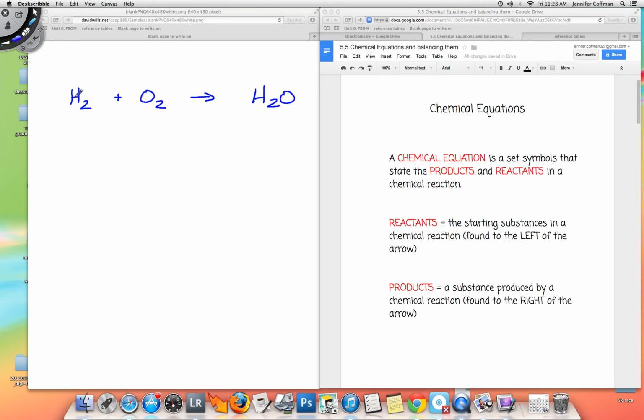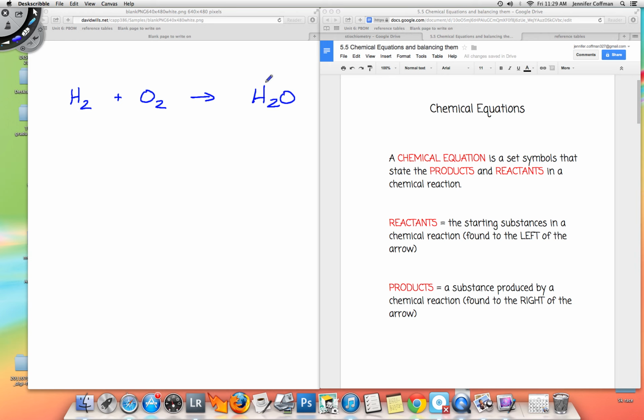Okay, we have hydrogen, and we have some oxygen, and we have H2O. Before I get any further, why did I write a subscript of 2 here? Oh, that's right, because it's one of our 7 diatomics. Same thing with oxygen. This 2 right here is not written there because hydrogen is a diatomic. It is written there because the oxidation number of oxygen was a -2, and I crossed it down.